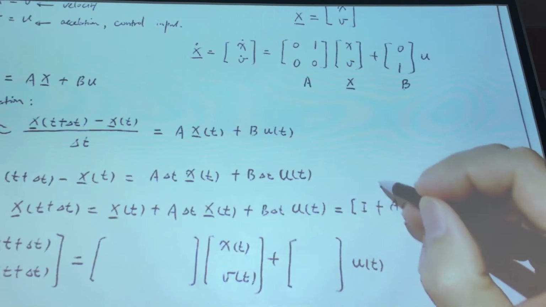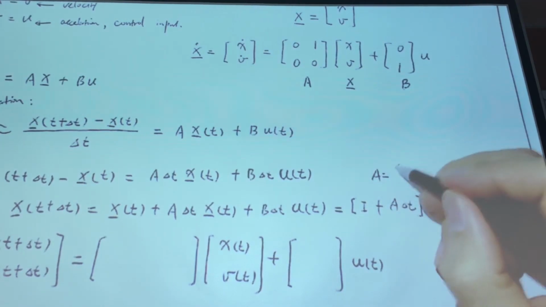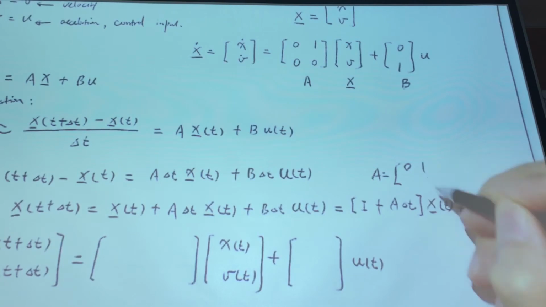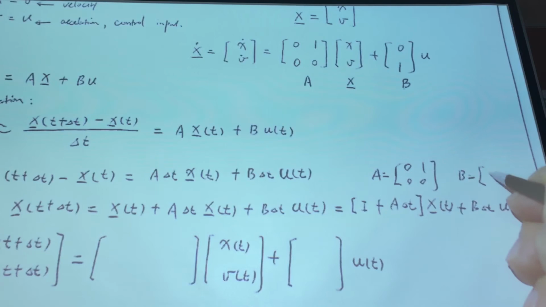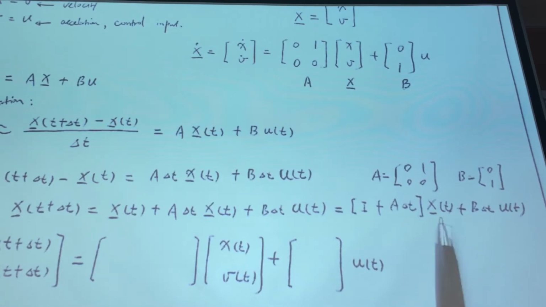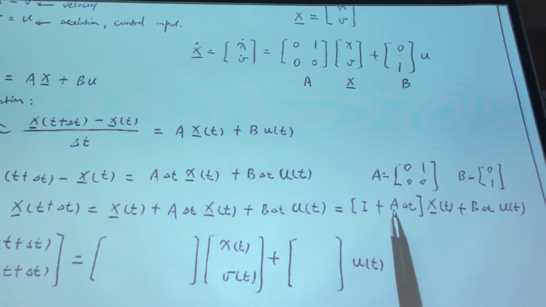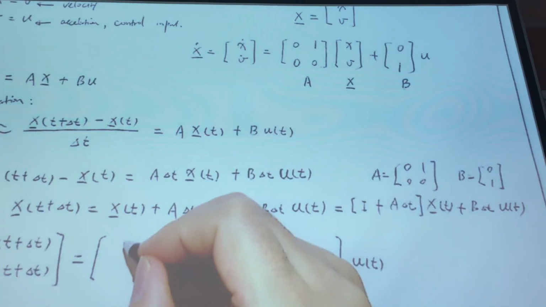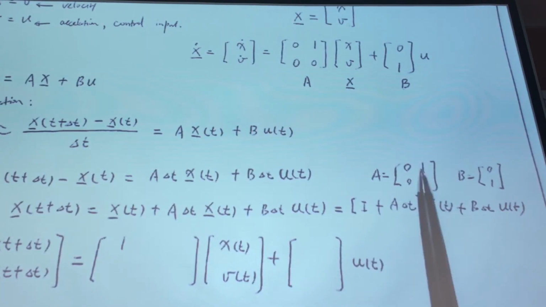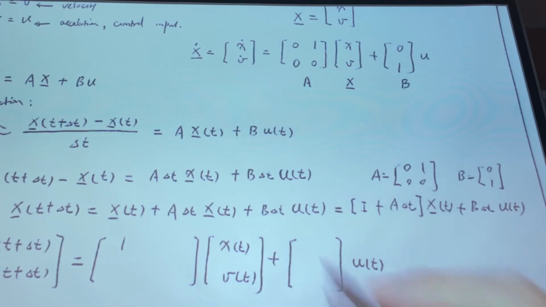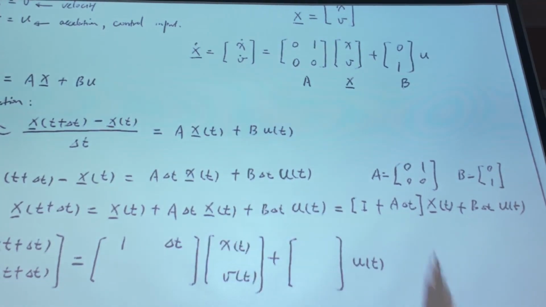In this equation, we know that A is given by 0, 1, 0, 0, and B is given by the column vector 0, 1. So the identity matrix plus A multiplied by delta t: the first one is 1 plus 0, the second one is 0 plus 1 multiplied by delta t, so we have delta t there.